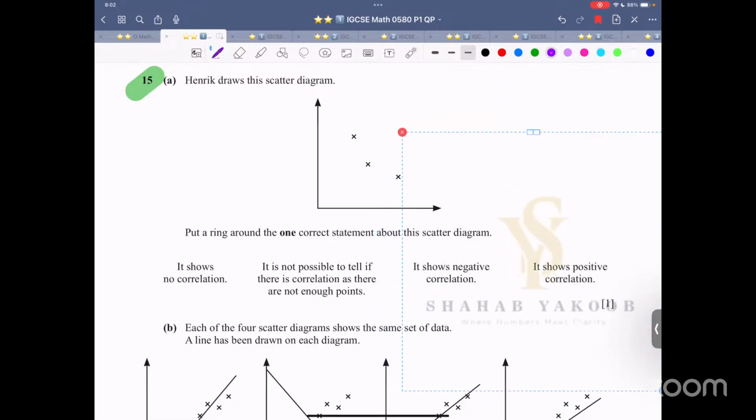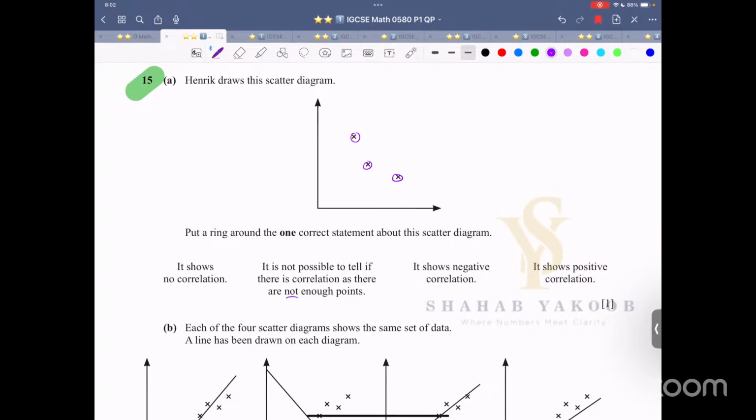So what is that one correct statement? It shows no correlation. Now, first of all, how many points are there? I see only 3 points. First thing, shows no correlation. That is one.